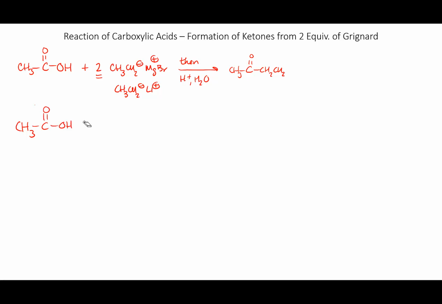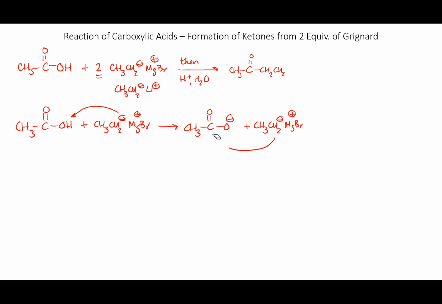the first Grignard is going to go ahead and deprotonate the carboxylic acid. That's what we learned when we talked about Grignards. So it'll go ahead and deprotonate that, and then it will be the second equivalent of the ethyl Grignard that will go ahead and add to the carbonyl.